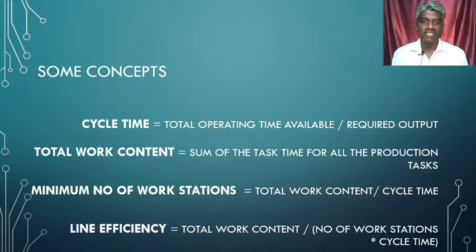And finally, line efficiency. We'll use line efficiency to understand whether the workstations which we are trying to balance are highly efficient and up to the standards expected by the management. Line efficiency is equal to total work content divided by number of workstations times cycle time.